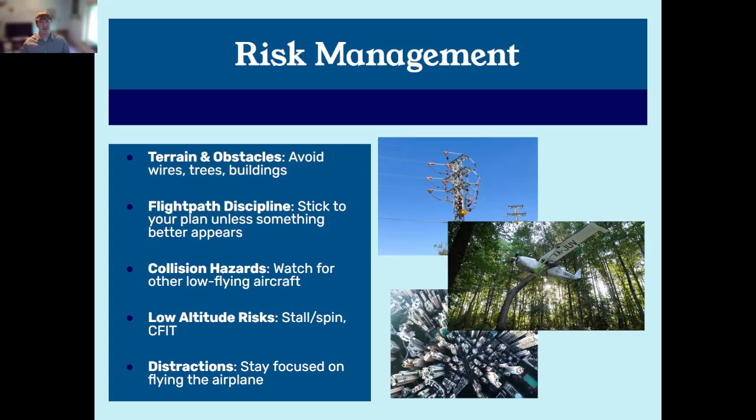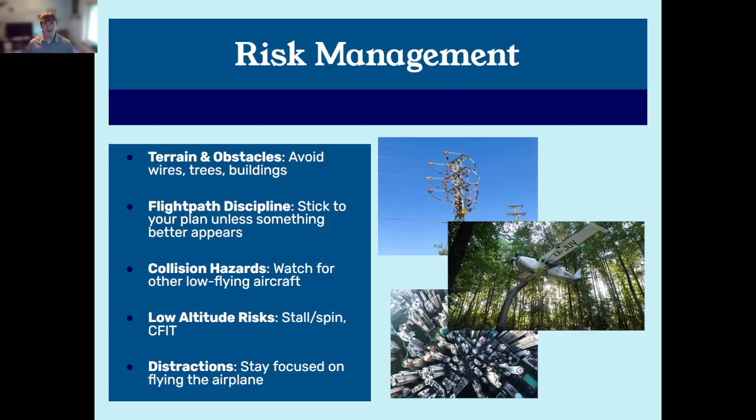Low altitude risks. Now, there are a bunch of risks with low altitude, but the main ones we're looking at are stalls, spins, and controlled flight into terrain. Now, a stall can be as simple as you're approaching your point and you think you're not going to make it, so you pitch up a little bit too much and you lose all the speed and we stall. Now, we don't want to do that. We want to be holding our best glide speed almost the entire time to our point.